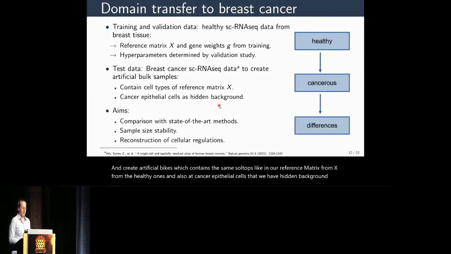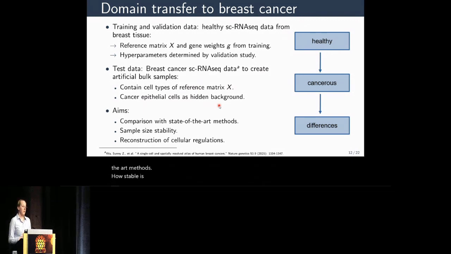What we want to find out is how our method compares to other state-of-the-art methods, how stable the method is depending on the sample size, like how many bulk profiles I'm using in my Y matrix, and if we can reconstruct cellular regulations.